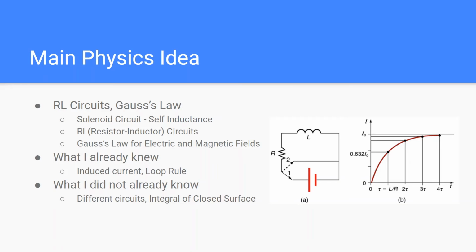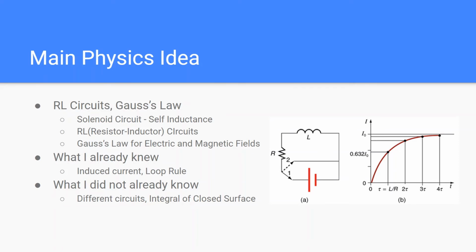For magnetic fields, the integral of B field times the normal vector times dA is equal to 0. What I already knew from the previous weeks was the idea of induced current and the loop rule.